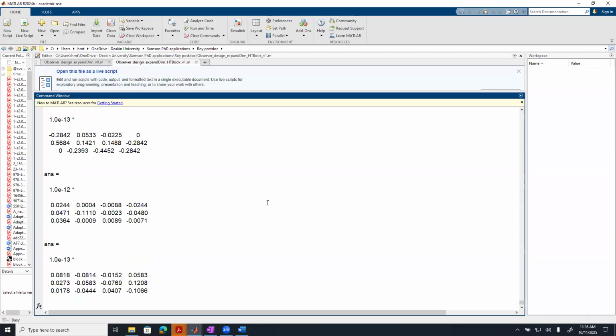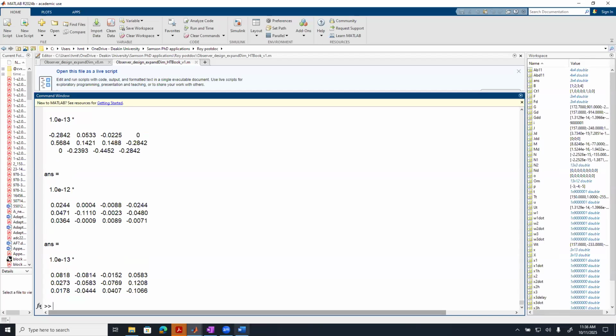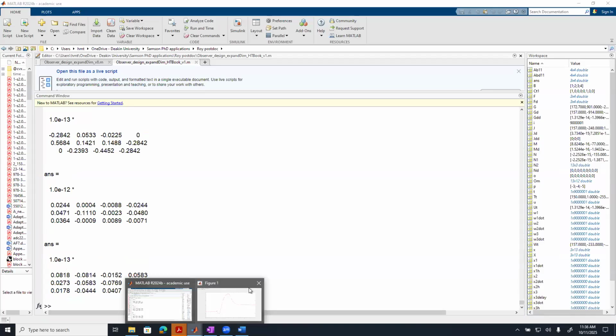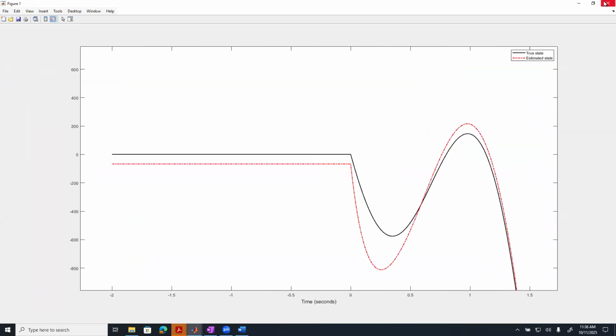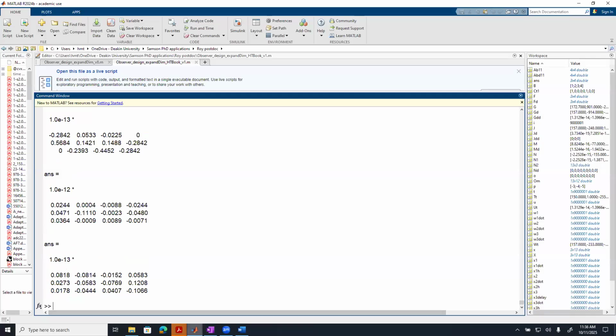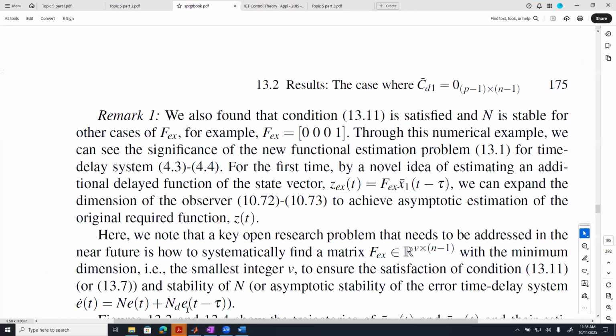So we got another possible way of picking the extra functional. So here that all works, and there you go. It just asymptotically goes to 0 there.